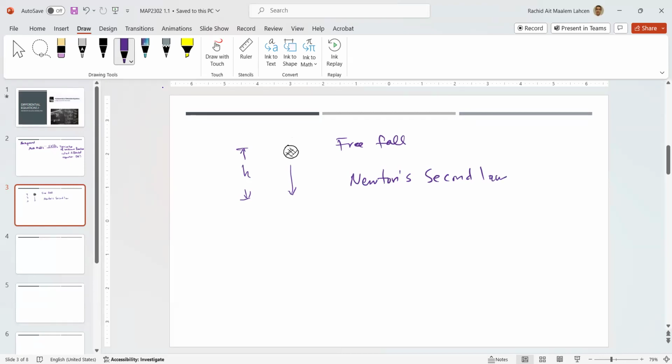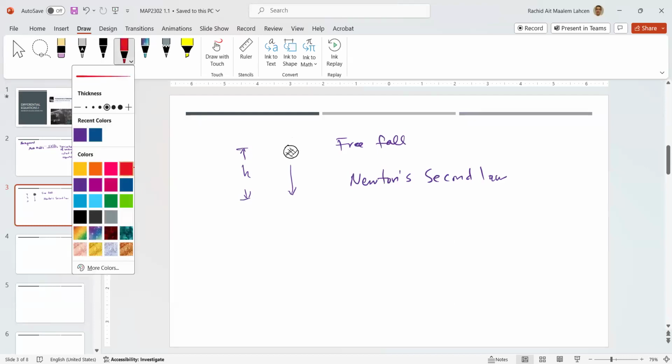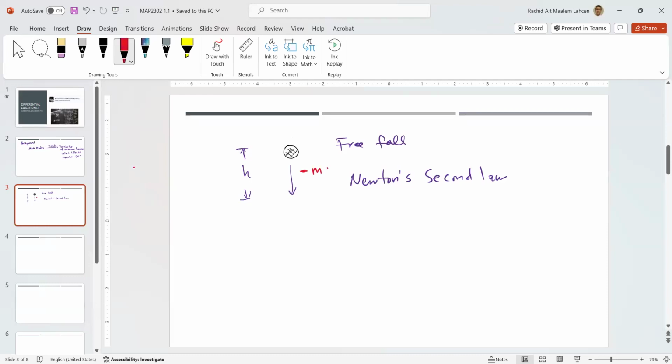We're going to give a review of it here. There is a force acting on this object, and we're just going to say the gravity.